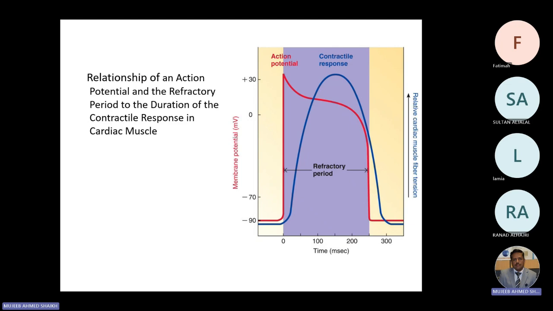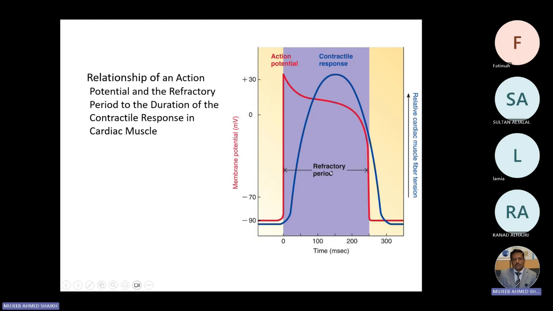If muscles of the ventricles go in contraction without any relaxation, it means there will be no filling. There will be no filling. Filling is allowed only during the relaxation phase. So ventricular filling is not possible if cardiac muscle goes into continuous contraction. To make sure of that, there is a long refractory period.